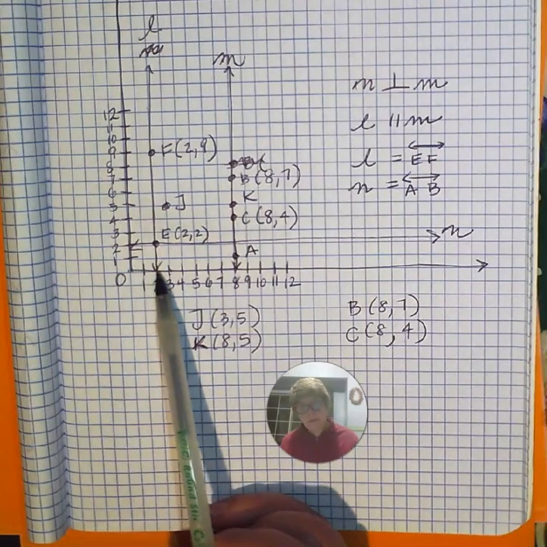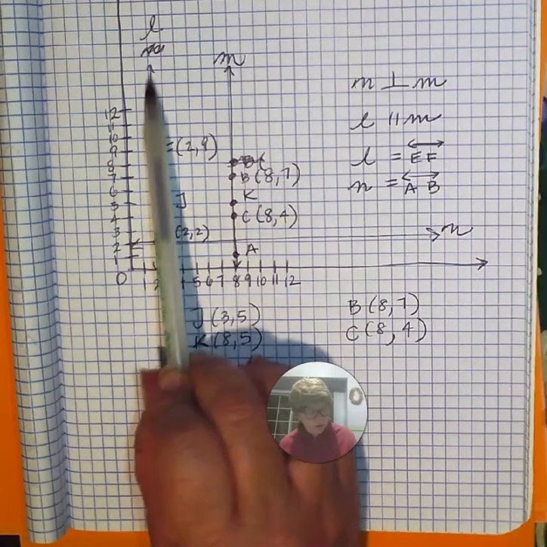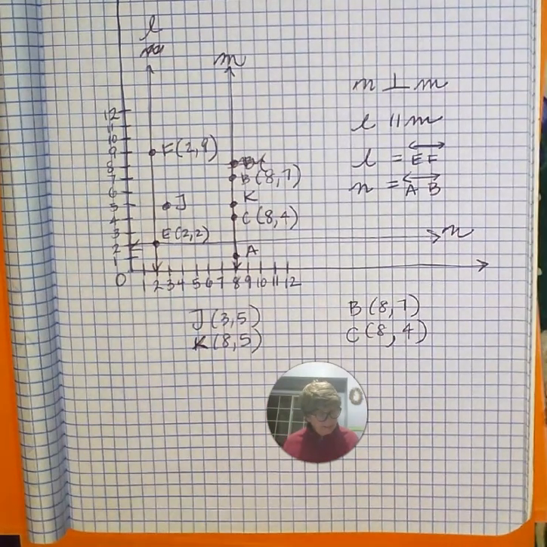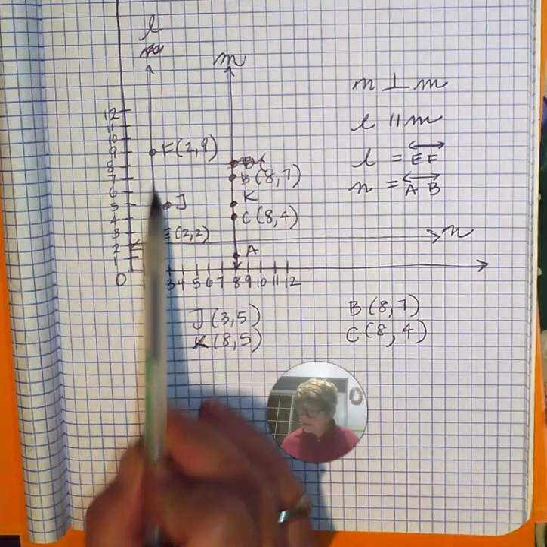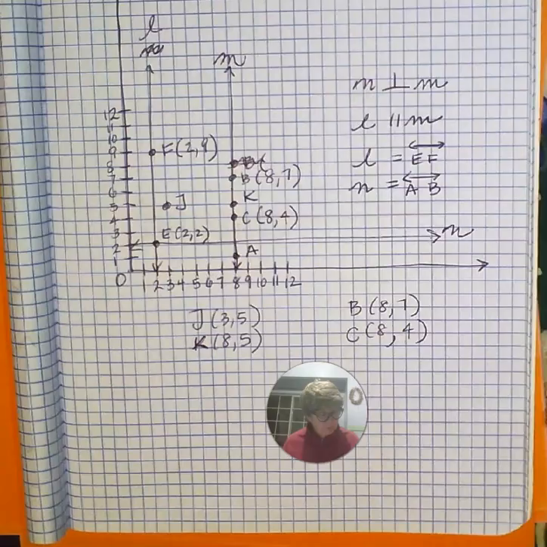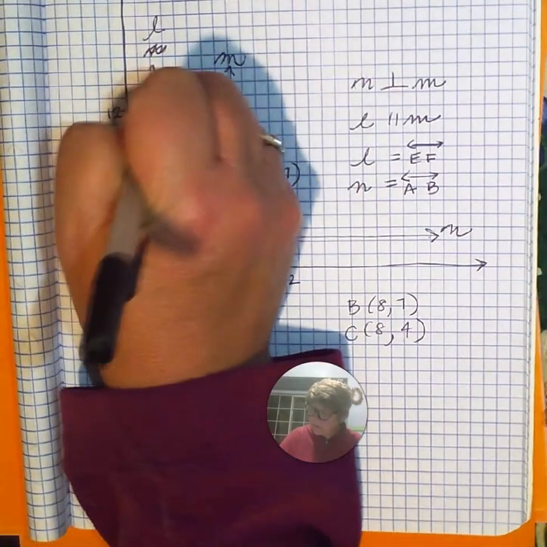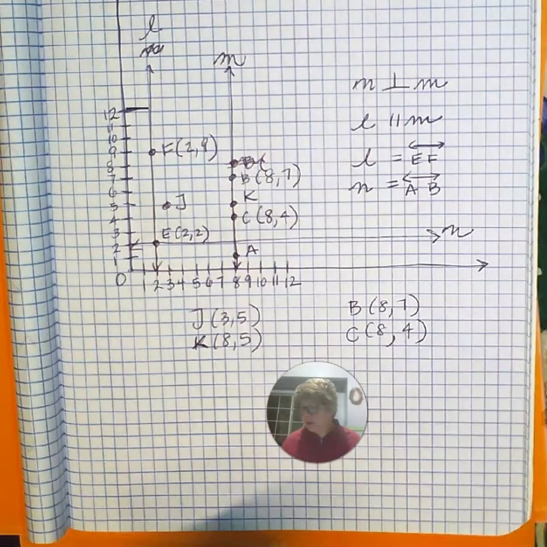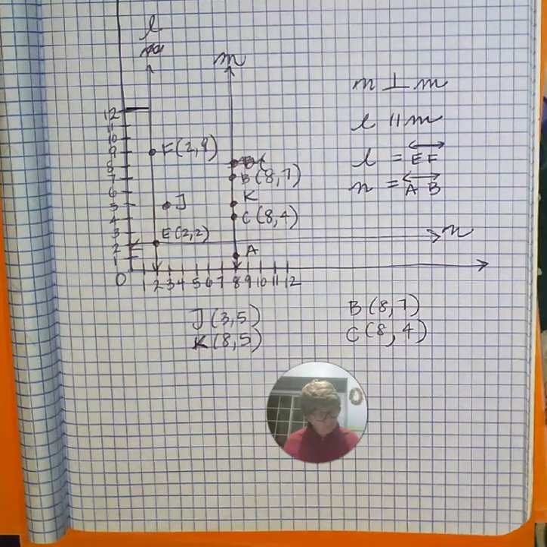Because our x-coordinate is 2, so it's 2 away from the y-axis. So any point on L is going to be 2 away, right? The shortest line segment from any point on L to the y-axis would be its length. So any line that you're going to draw would be 2 away. Okay? Awesome.